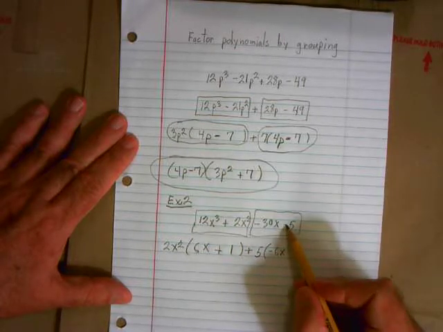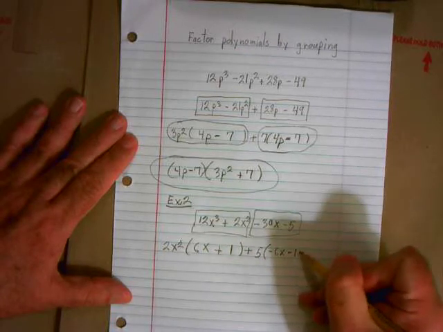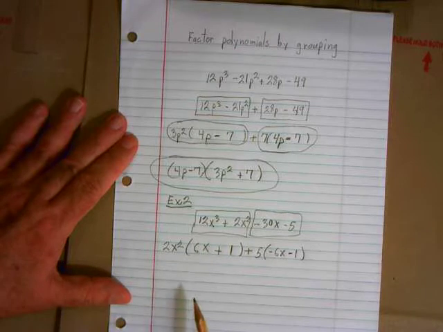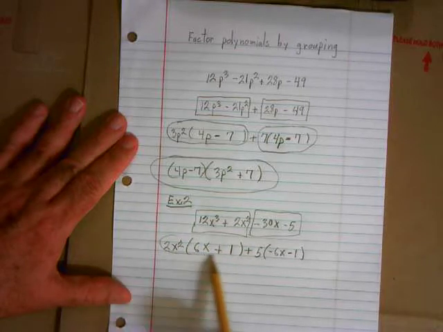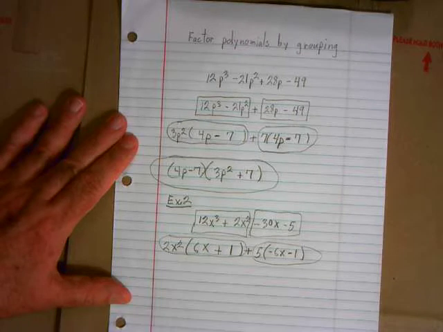And negative 5 divided by positive 5 will be negative 1. And now do you notice when we look at our two terms, we go looking for something common in both of them, we say, boy, this doesn't exactly match, does it?